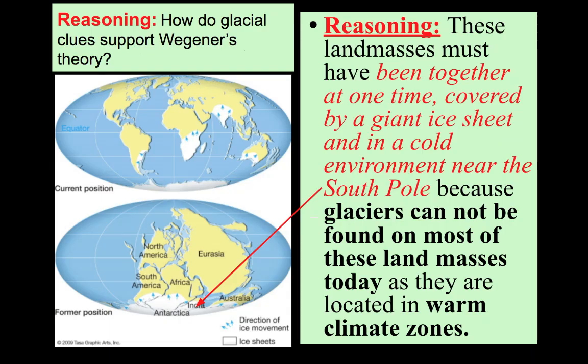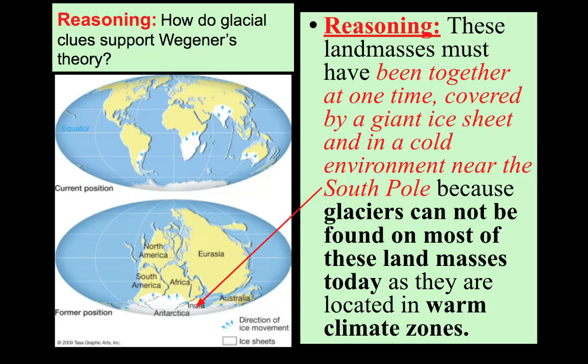This is definite evidence that these land masses had to have been connected. And when they were connected, they must have been in a further southern locale near the South Pole and covered by a giant ice sheet at one time.